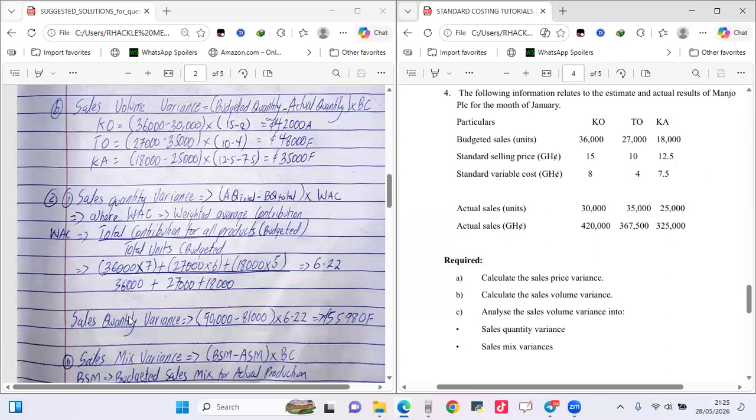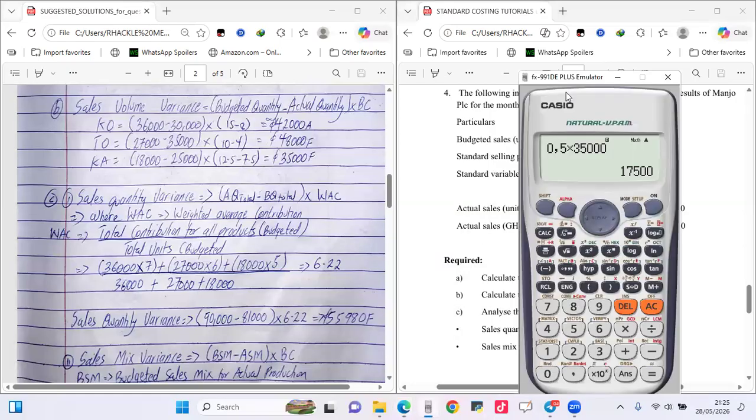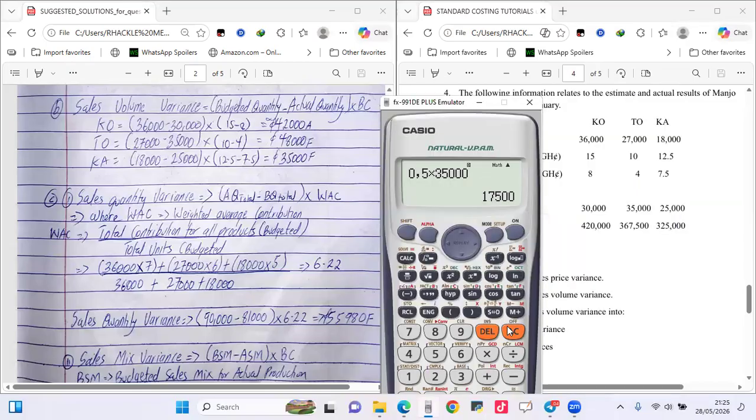Now, when we use the formula, the actual total quantity is going to be 90,000. That is nothing serious. All we need to do is add all the total units: 30,000 plus 35,000 plus 25,000, and we get 90,000.